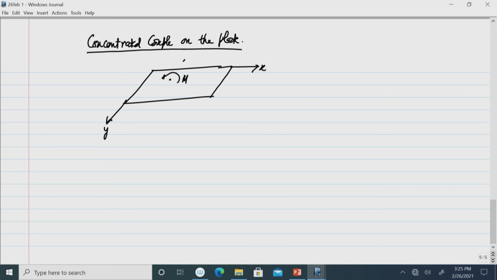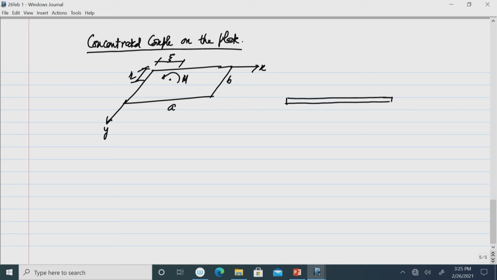The location of the couple is also defined by the coordinates xi and eta. At this point the couple is acting, and the length of the plate is A and the width of the plate is B. Now, to handle such a problem, the couple is acting along the x direction.